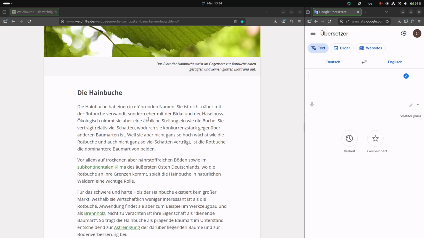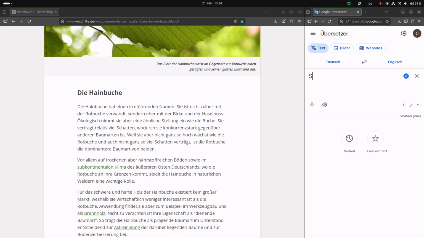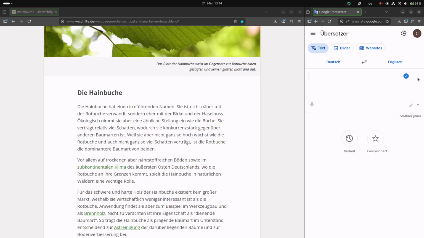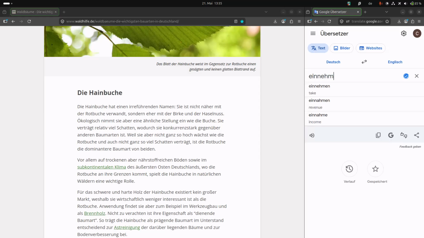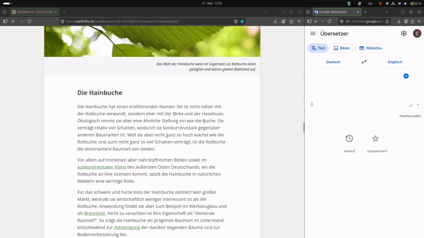So, ähnliche, similar, Stellung, position, derives from the word stellen, place, put, set, or also Stelle, also place, position. Nimmt ein is also a split verb, so einnehmen, to take or take in, or occupy rather. In this case, wie die Buche, like the beech.